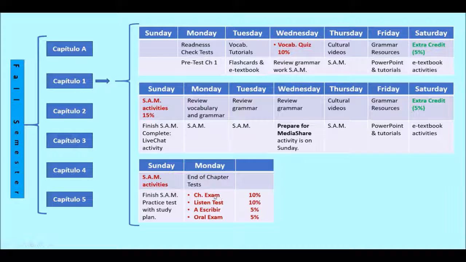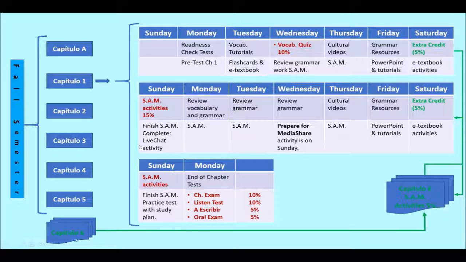So you're going to have 6 chapter exams, 6 listening tests, 6 writing assignments, and 6 oral exams for those chapters. And then we're going to have one chapter 6.